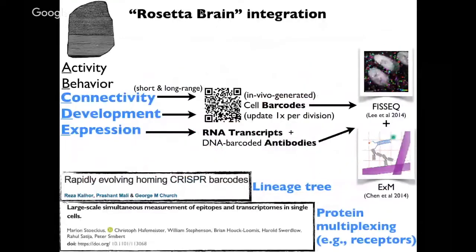And so basically using this and building on what Tony said, we really do think that we could eventually achieve a kind of Rosetta Brain type comprehensive mapping where we'd be looking at connectivity with barcodes as well as with morphology, gene expression by looking at endogenous RNA using the same sequencing process, looking at many proteins also using DNA barcoding, and potentially other things like the cell lineage tree, which can be encoded in DNA, or ticker tapes, as some folks were asking about in the questions.